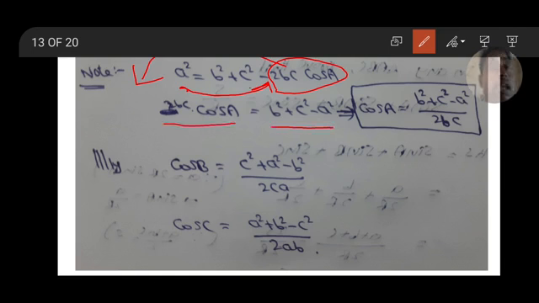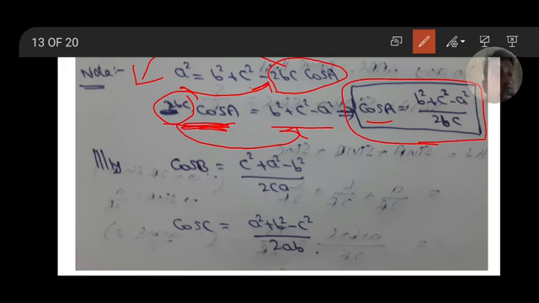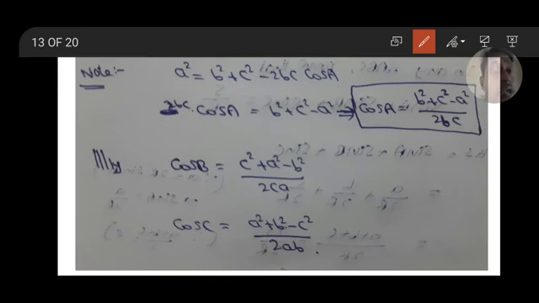The 2bc is multiplying on the left-hand side, so it divides on the right-hand side. So cos A equals b square plus c square minus a square by 2bc, from the first relation.